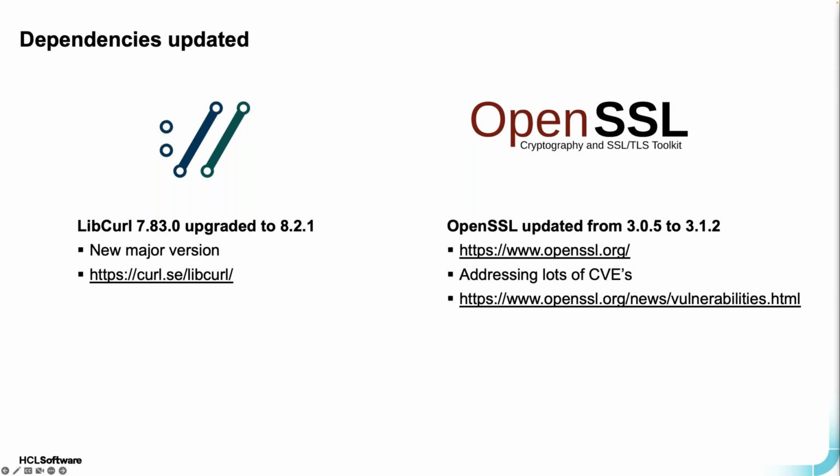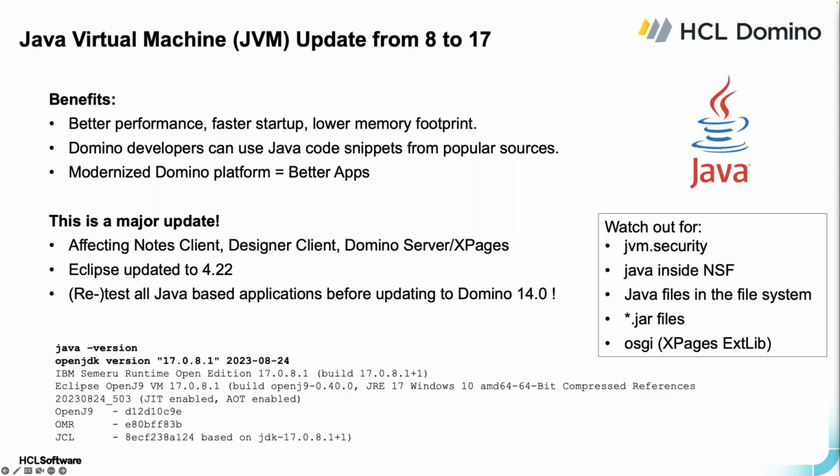If you are interested in what has changed within those libraries, just check these websites. There is plenty of information on the security fixes that were contained in the more current versions. Also, we've covered that in the overview webinar already.